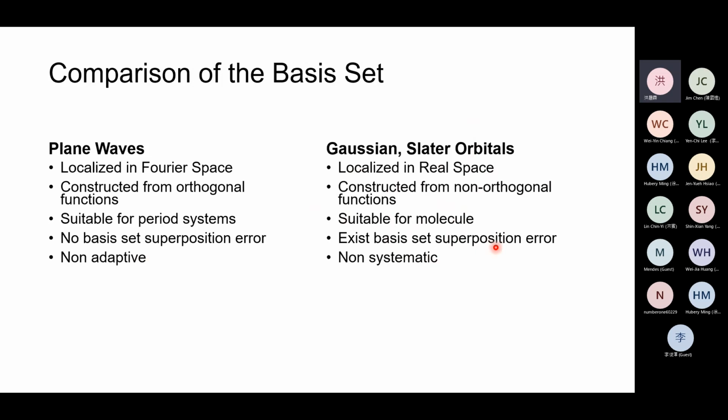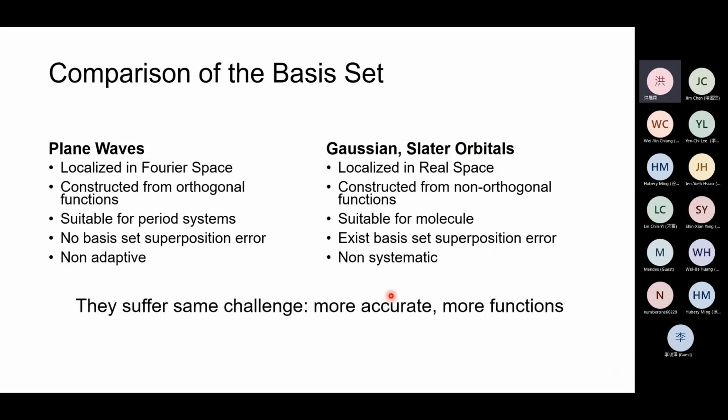That is, with a larger basis set, we may not get a better result. Also, they are non-systematic. They also suffer the same challenge: more accuracy needs more functions, and therefore more qubits.